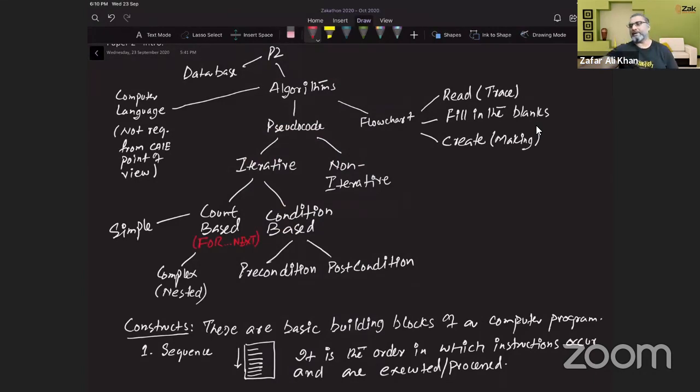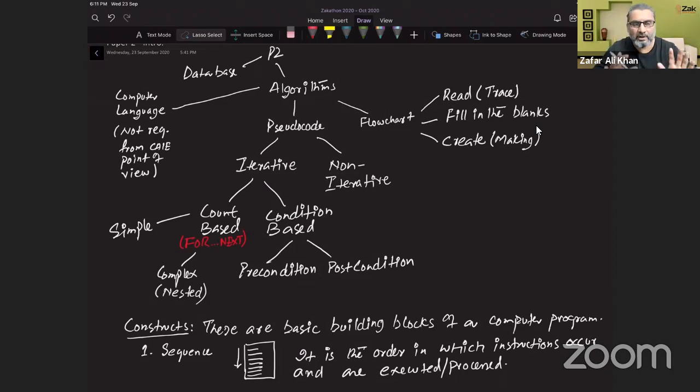What is count based? What if someone asks you to do sit-ups 100 times? So what you are doing? You are doing sit-up 1, 2, 3, 4, 5. You are doing it again and again and again, and alongside it you are counting so that you could stop at 100.